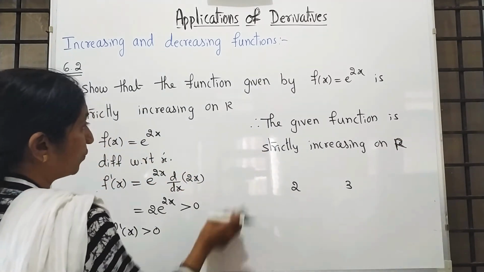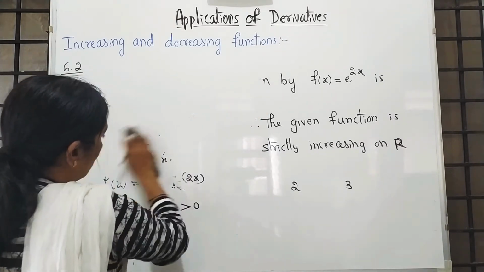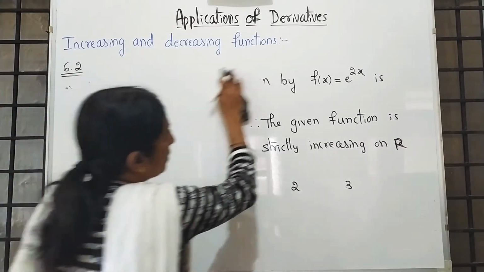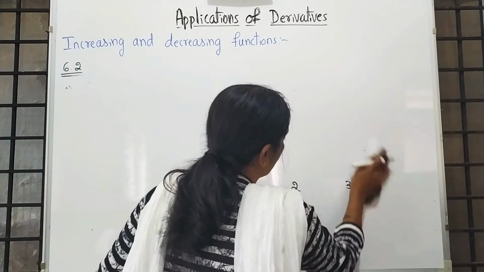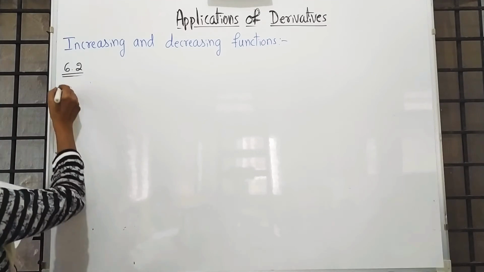For all the values the answer is positive, it is greater than 0. Moving to the next example. See, all the examples are very simple if you know the basic concepts. Moving to the third example.